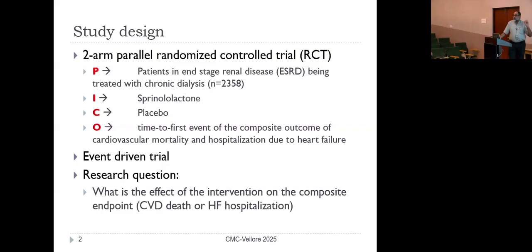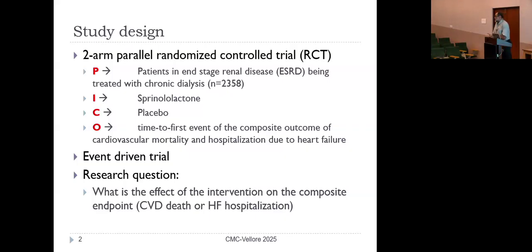So as always, any statistical analysis starts with a research question, and any statistical test has a hypothesis. So our research question is, what is the effect of the intervention, spironolactone, on the composite endpoint of CVD death or heart failure hospitalization?